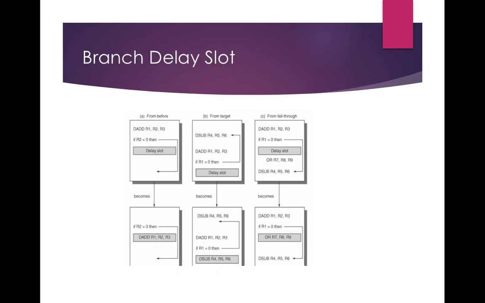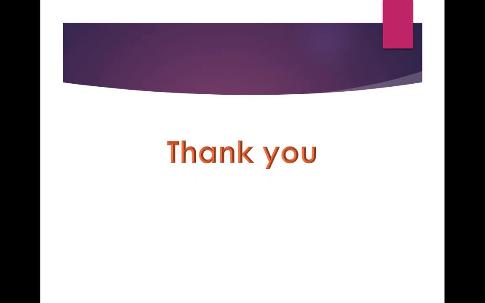Here we can use the next instruction, OR R7, R8, R9, which is not dependent on R1 equal to 0, so we can follow that instruction. This is how we solve the delay slot issue. To improve performance, we can rearrange instructions that are not data dependent.